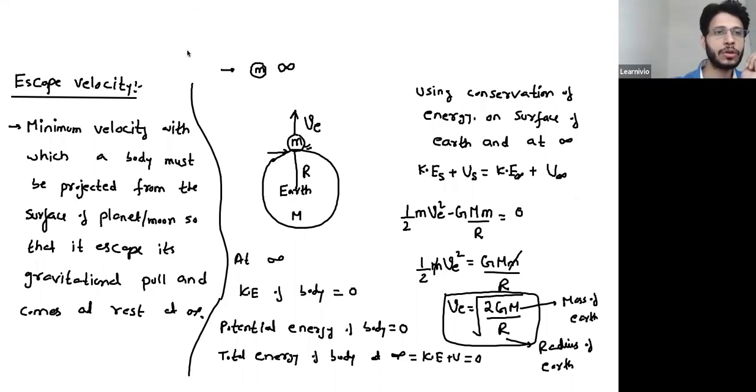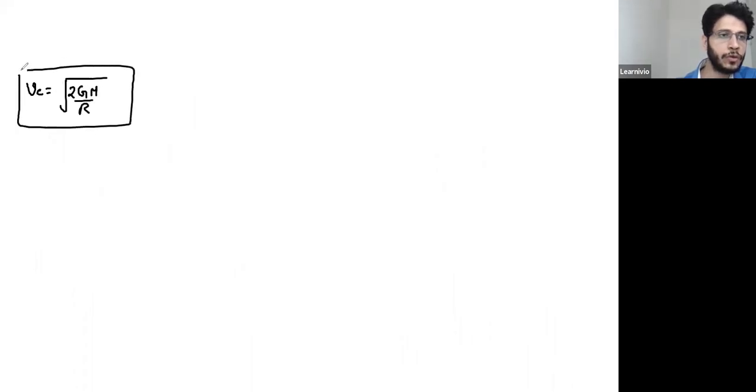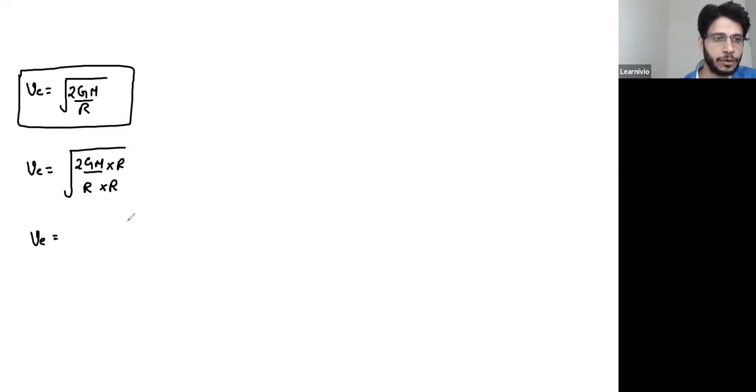Next, we can also convert this expression of escape velocity in terms of acceleration due to gravity. The escape velocity is root over 2GM by R. To convert this in terms of acceleration due to gravity, you can multiply the numerator and denominator by R. So it comes out to be root over 2GM by R square into R. What is GM by R square?